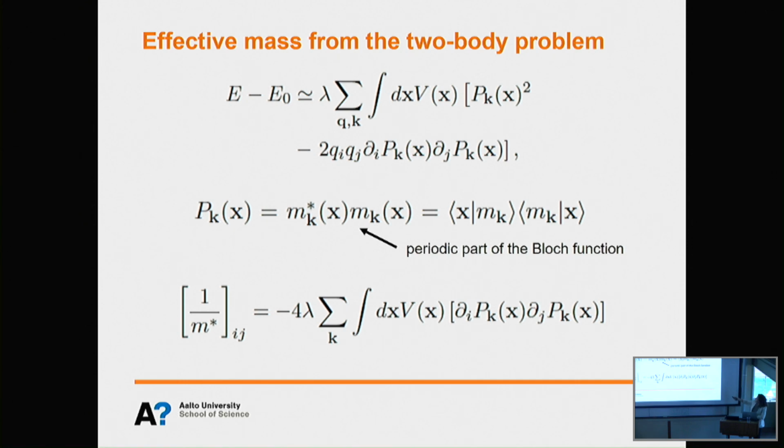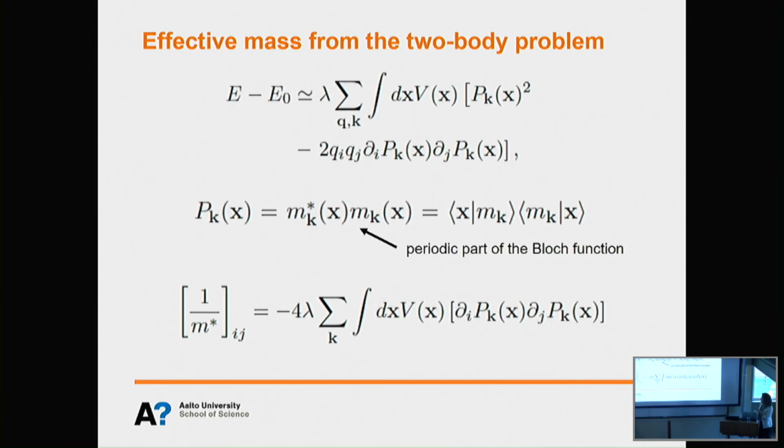So this is the binding energy, and you see here is Q times Q, so this is the inverse effective mass. It's written here. The effective mass is now given by derivatives of this kind of projector which just contains the Bloch functions. So these Bloch function derivatives will tell you whether there is a dispersion for the pair.